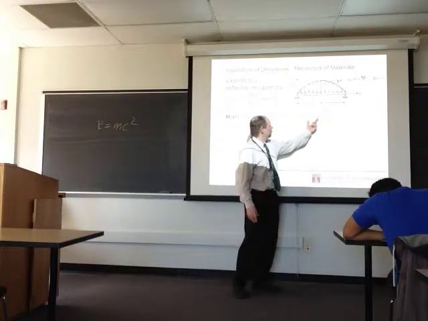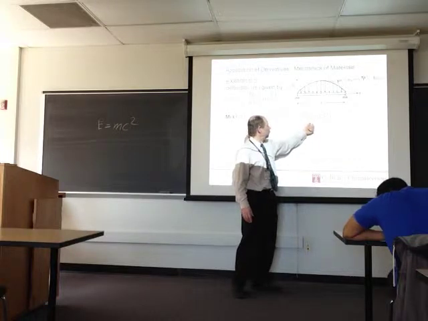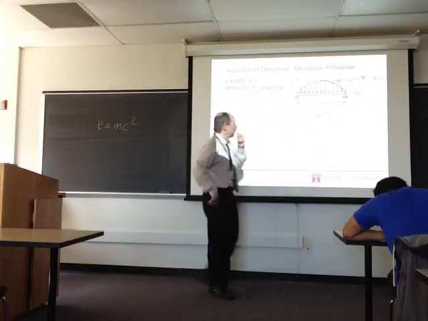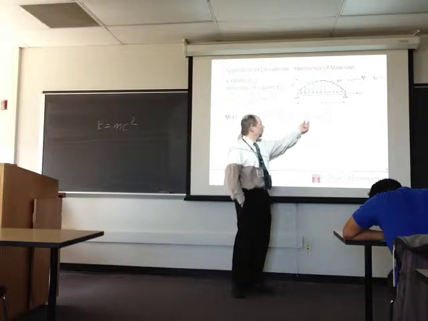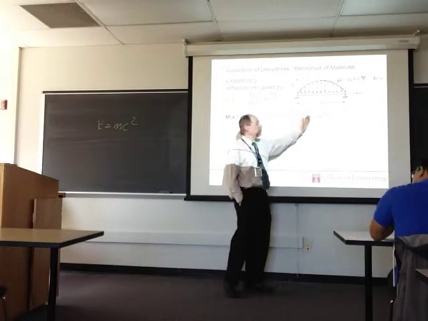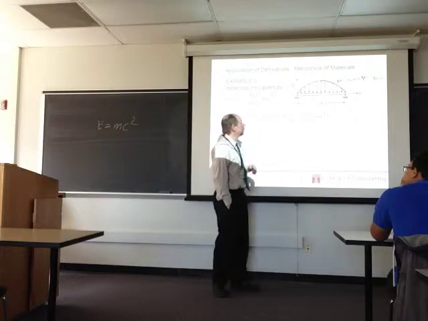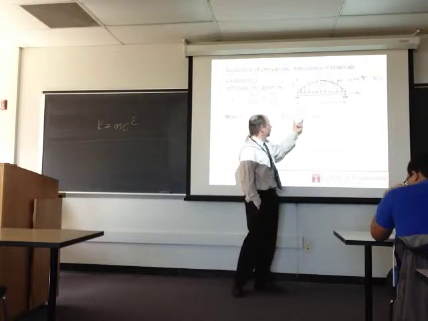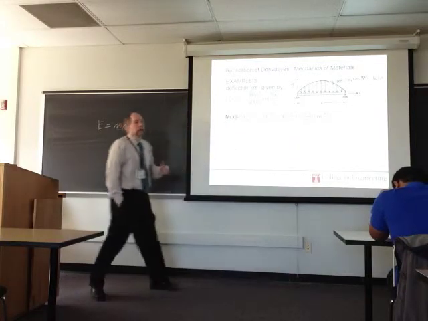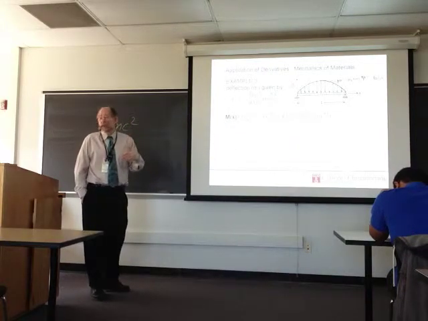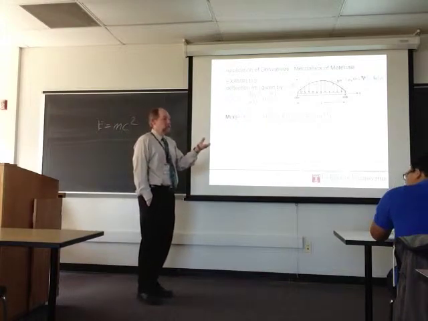Here's the slope: W naught L cubed over pi cubed EI times cosine pi x over L. Again, W naught L cubed over pi cubed EI is a constant, so we can pull that out of the derivative. And we then only need the derivative of cosine pi x over L.